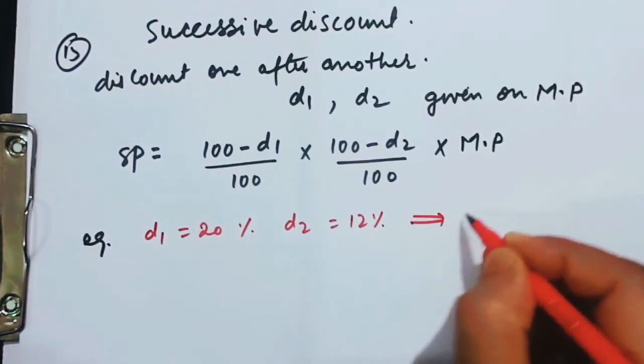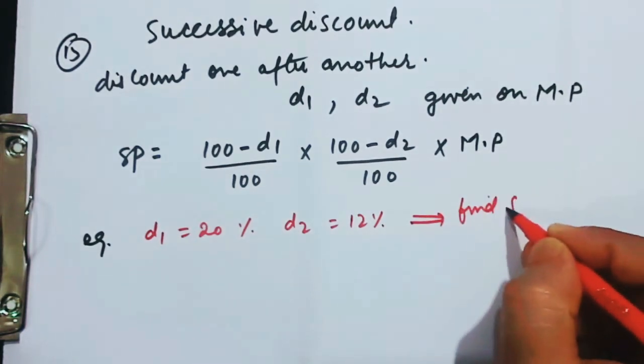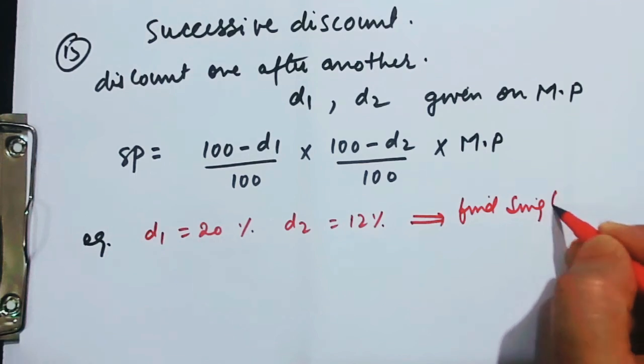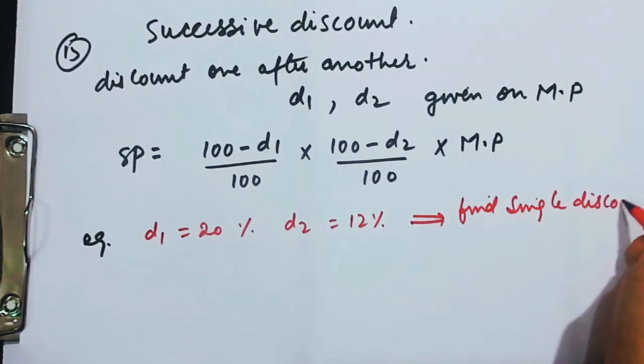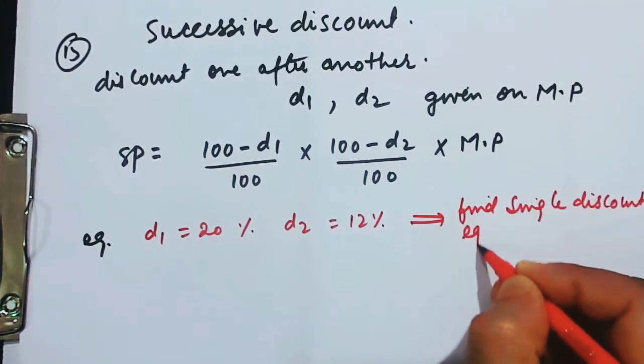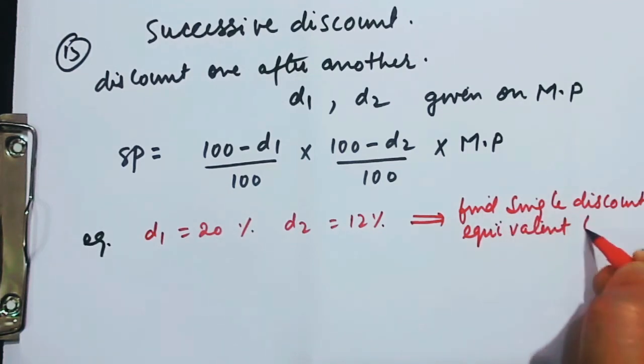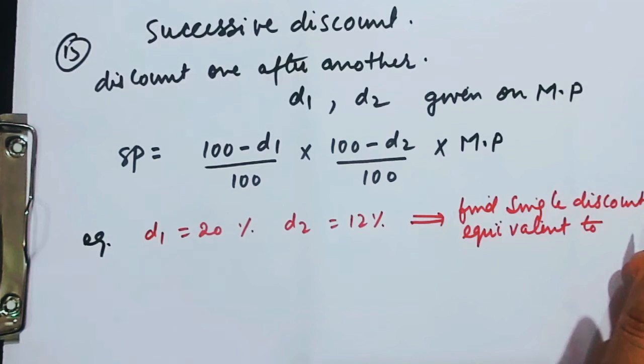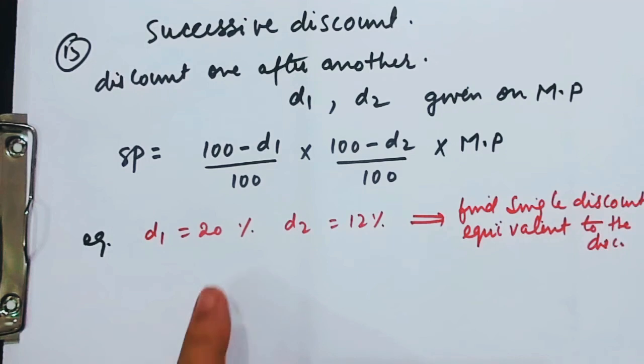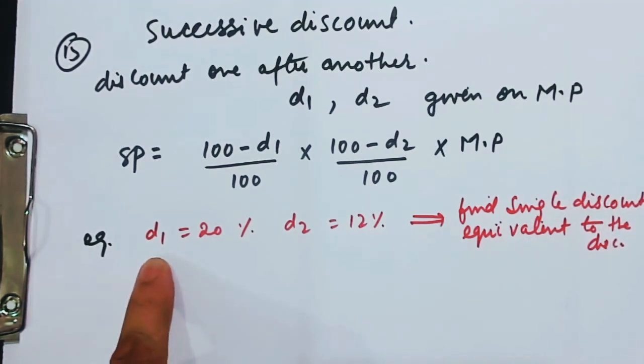They are asking you to find the single discount equivalent to the given discounts. Means the shopkeeper gave 2 discounts.